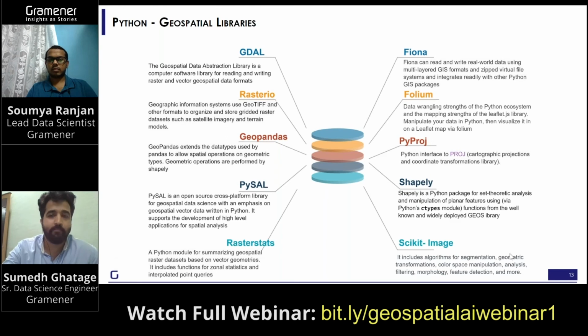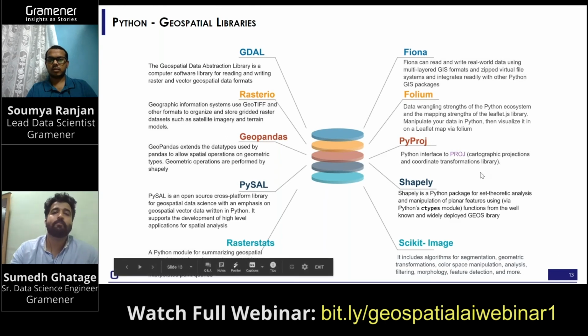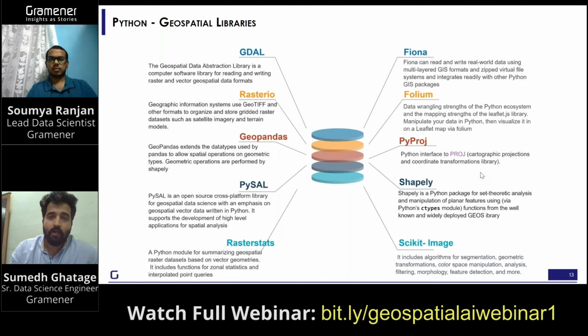So this library, PyProj, gives information about coordinate systems that can be substituted for one another. For example, if my city right now is in the 4326 projection system and I want to convert it into the metric system, I will use the UTM coordinate system for that city, and I can convert it to that format by using PyProj. GeoPandas also has some of the same capabilities.